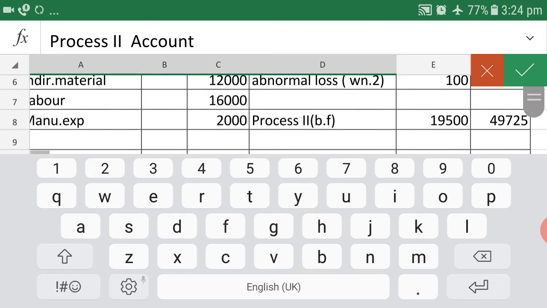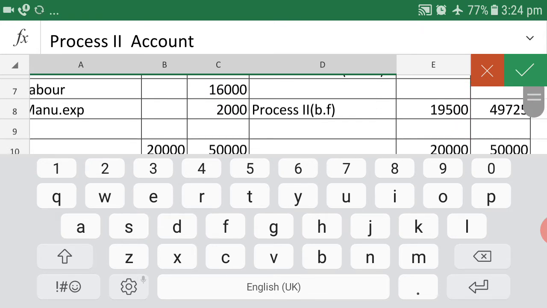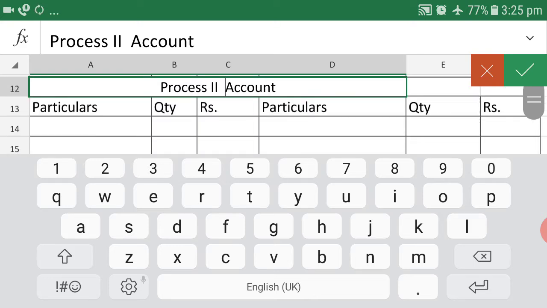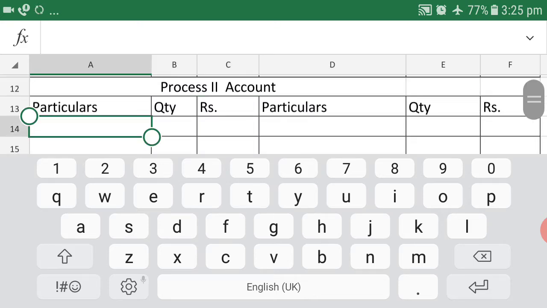See the process 1 account, you can see the balance figure for process 2. So the balance figure of process 1 should be transferred to process 2 account. That we have to write as opening of process 2 account.